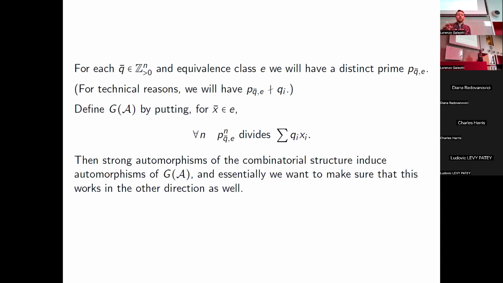And then we're going to define our group by adding some divisibility relations. So if we have some tuple X, a bunch of different elements from the set X, the generators, we take their equivalence class E. And if we form some sum of them, the sum of Qi Xi, then we add the divisibility relation that the corresponding P infinitely often divides this sum.